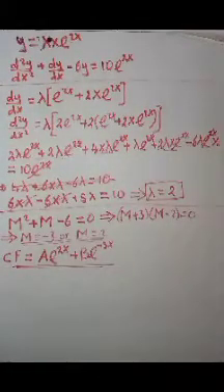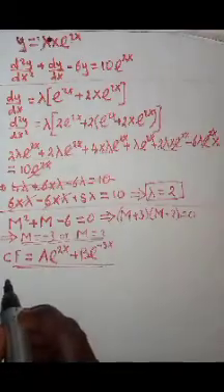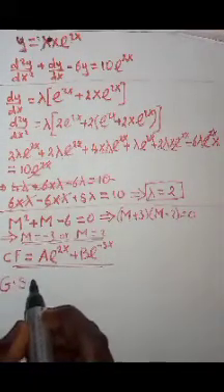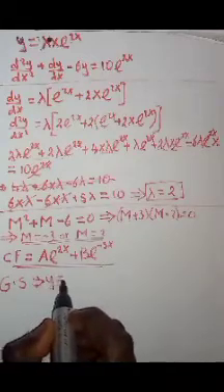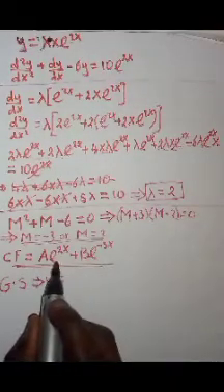So now having the complementary function, it can permit us to write a general solution for this differential equation. Our general solution implies y is the complementary function plus the particular integral.